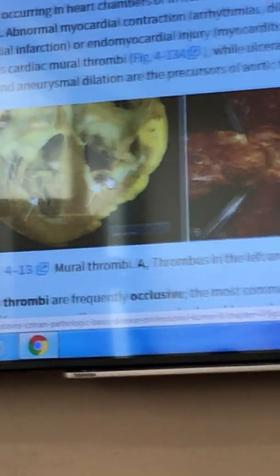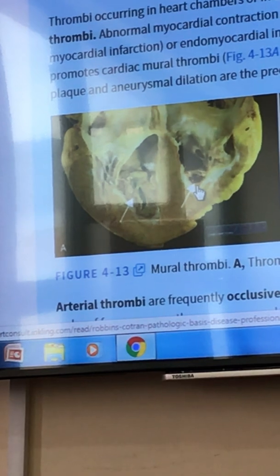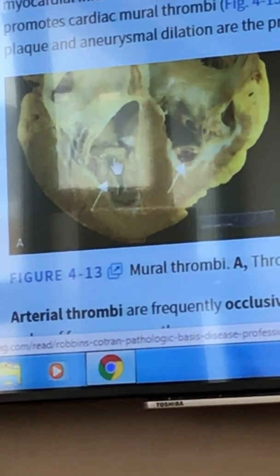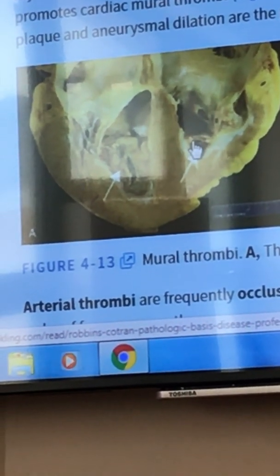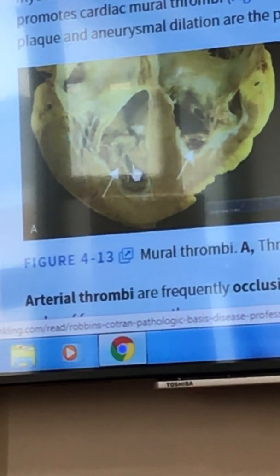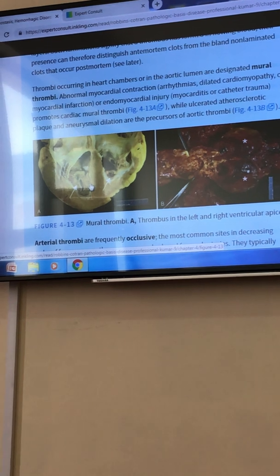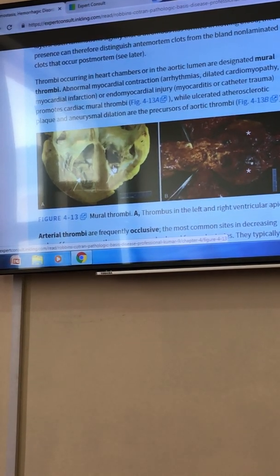These thrombi have developed in the heart, and they carry the risk of embolization, most commonly to the lower extremities. These thrombi can separate and start to move, and most commonly travel to the lower extremities.